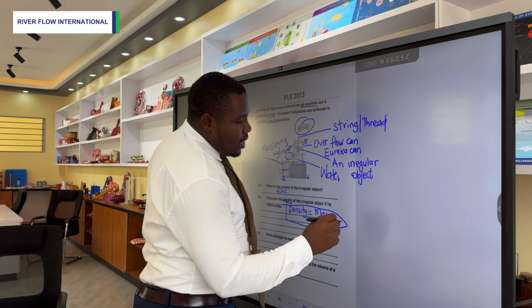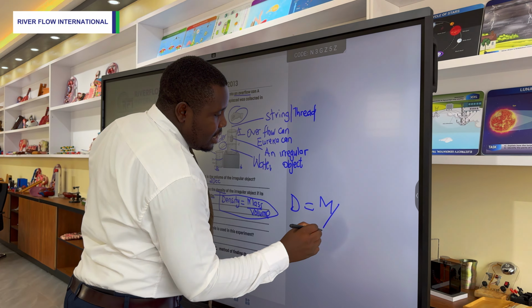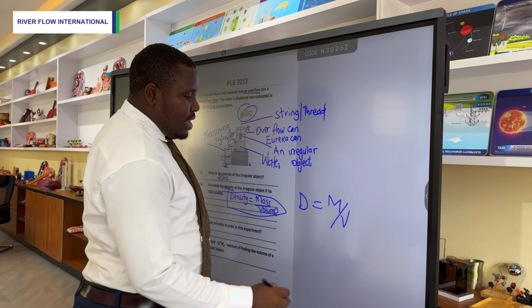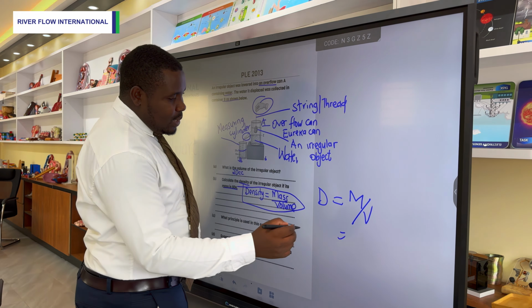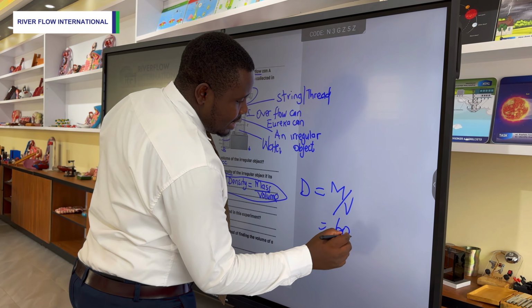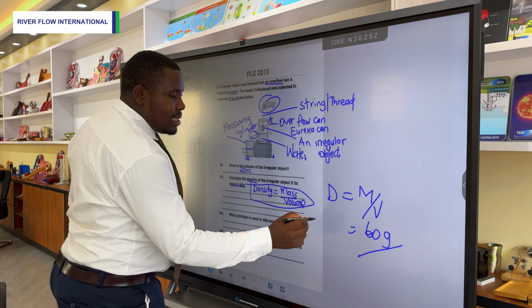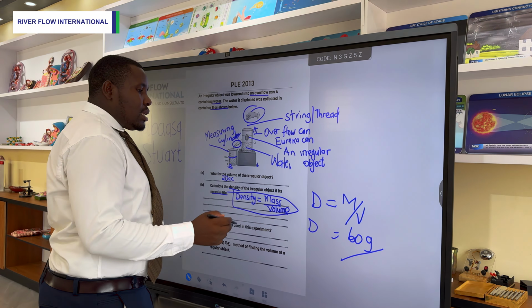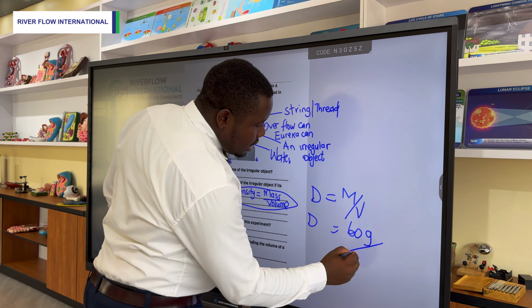So we are looking for density. So most of you use density like this as that formula. So M is mass, V is volume. We have mass, which is 60. 60 what? 60 grams. Divided by volume. That is the density. Density equals 60, which is mass. And then, what is the volume? It is 20 cc.